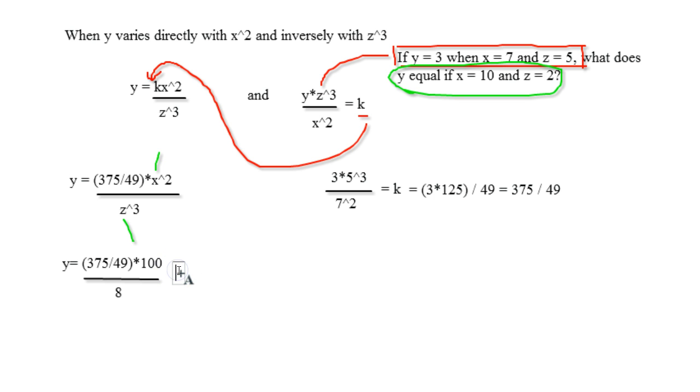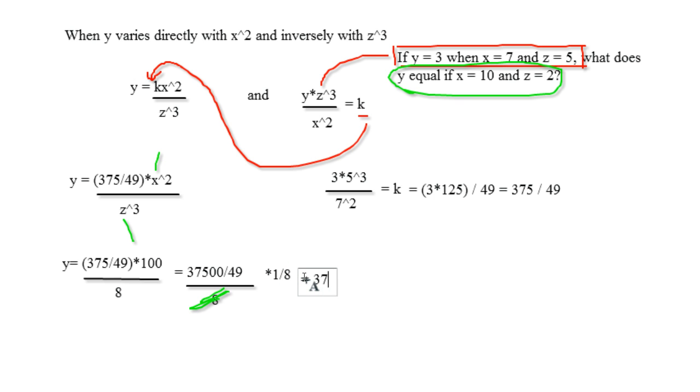Okay, all right, so this is going to be 37,500 over 49 on top, over 8. Now what we can do, and you're going to have to start getting used to this, is multiply it by 1/8 to get rid of the 8 down here. Can we get this to be a nice little fraction?